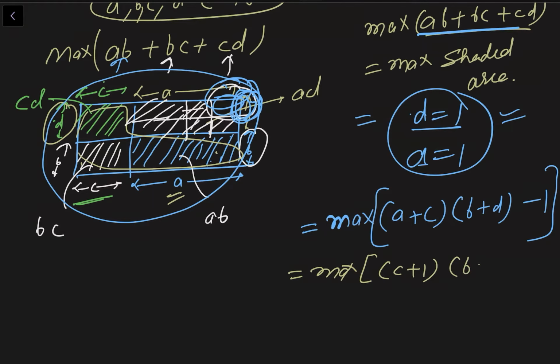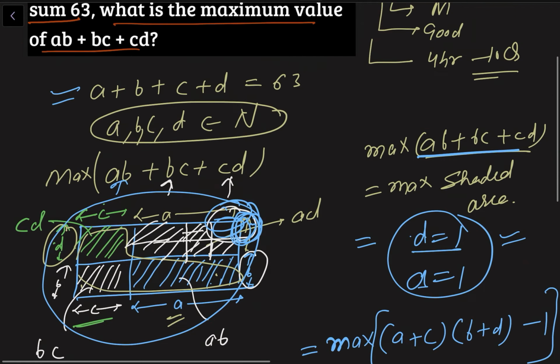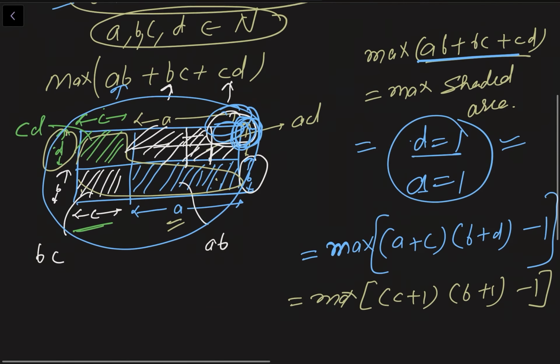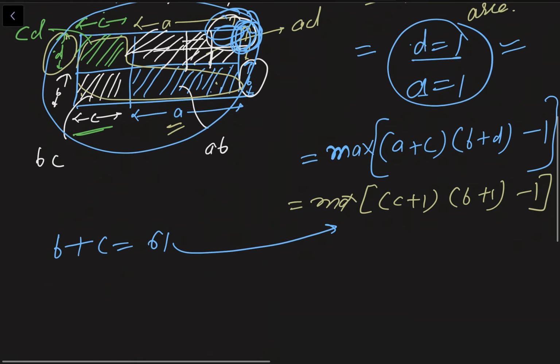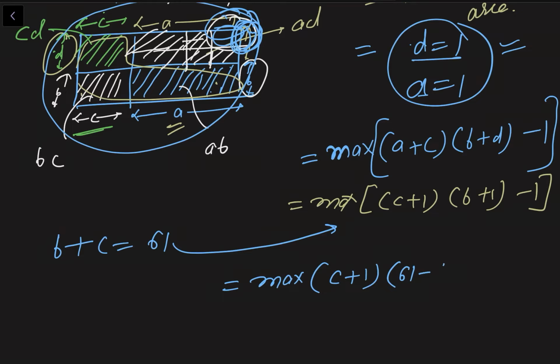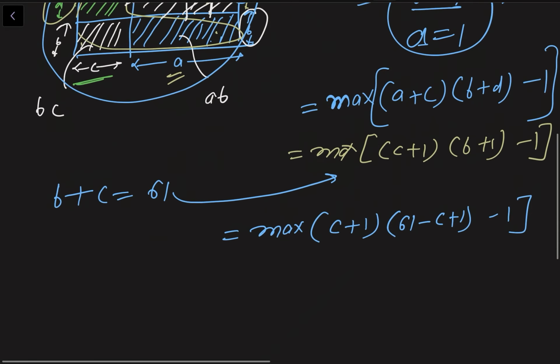Well and fine. But till now we didn't use the expression A plus B plus C plus D equal to 63. We know the values of two variables, so B plus C is equal to 61. Now use this relation and put it here. So we need to find the maximum of C plus 1 into 61 minus C plus 1 minus 1.